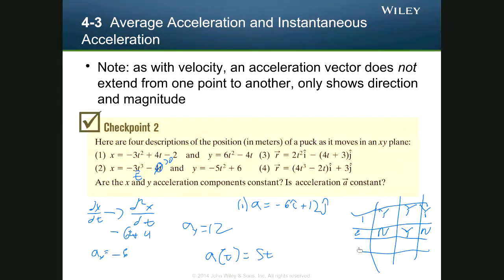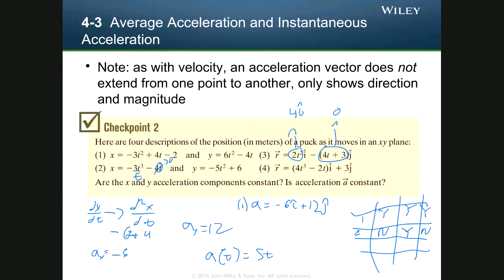So for 3, let's take a look at 3. There seems to be some confusion here. If we look at each component, the second derivative of this one is 4, right? Does everyone see that? And the second derivative of this part is going to be 0.